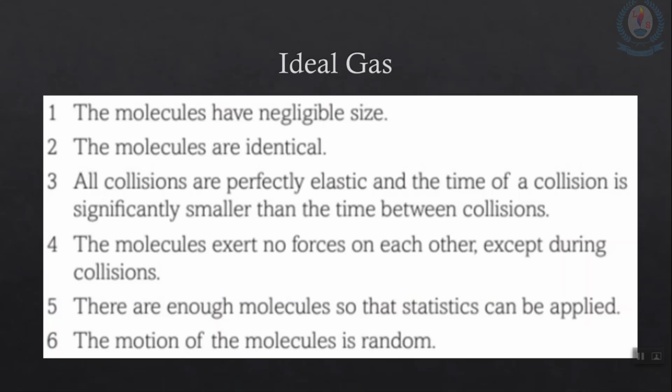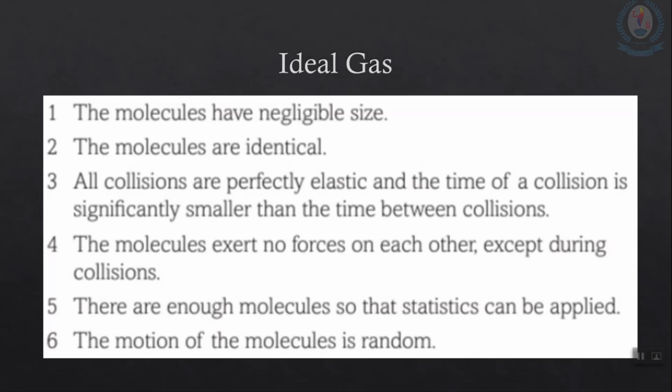We were talking about ideal gas all the way along, but we never talked about what it is. In an ideal gas, these are the assumptions we make, or these are the properties that we need to have. We say that molecules have a negligible size, molecules are identical, and collisions are perfectly elastic.